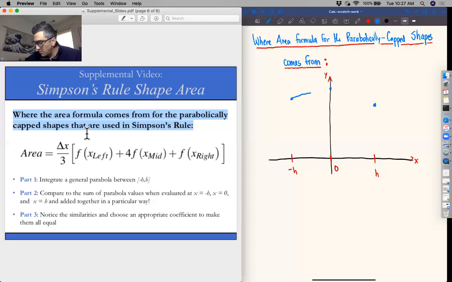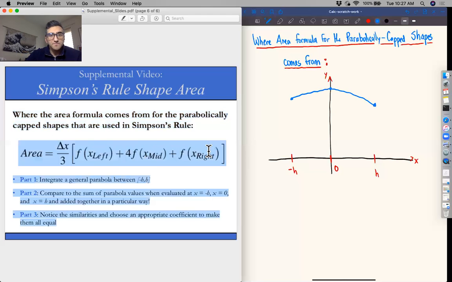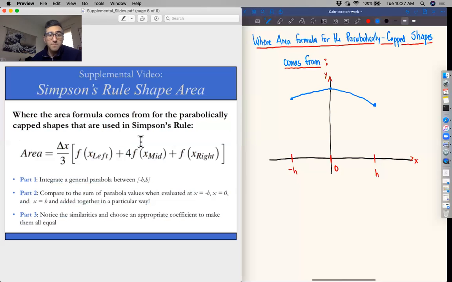So this parabola will have some shape, and what we're going to do in this video is basically talk about the derivation of where the shape area comes from for something like this. So we're going to derive this equation in the middle here.